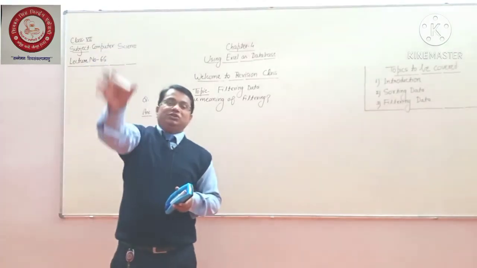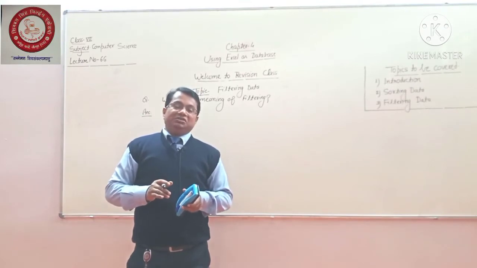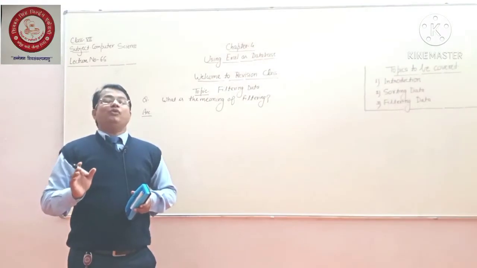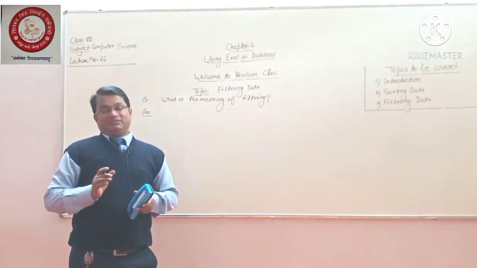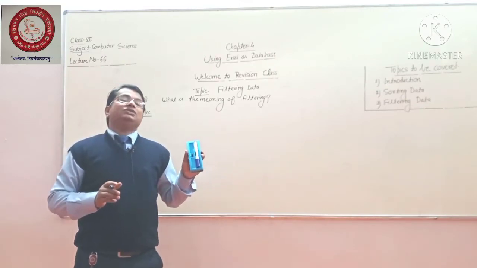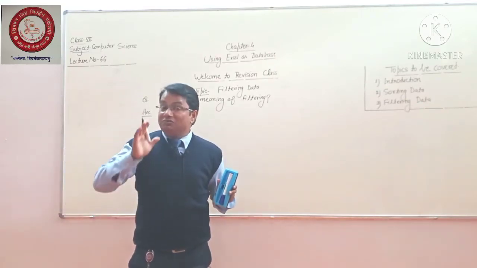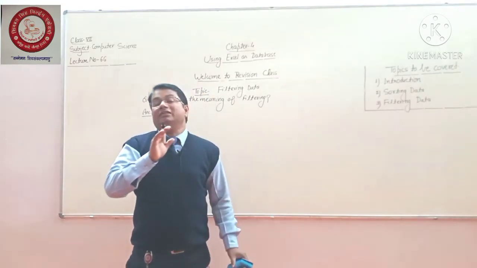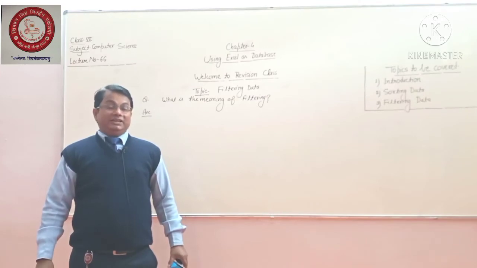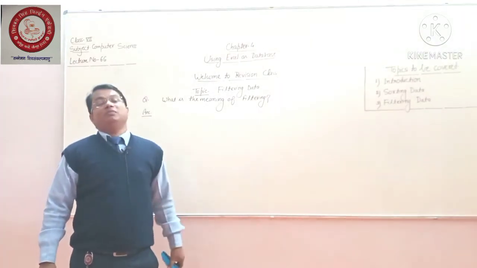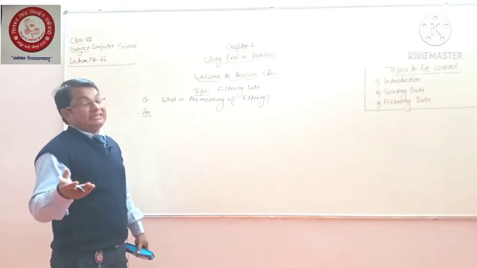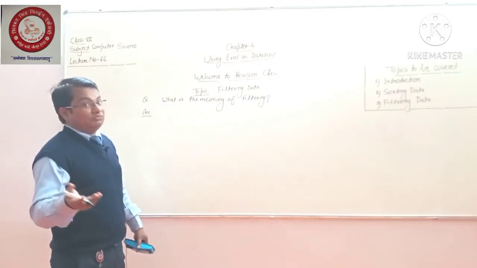Likewise, suppose 10 students are there, and out of 10 students you want to view only 5. By using the filtering option, you are able to view only the names of 5 students on a temporary basis. So how are we going to perform that? Let's write the definition and then we will proceed to the steps.